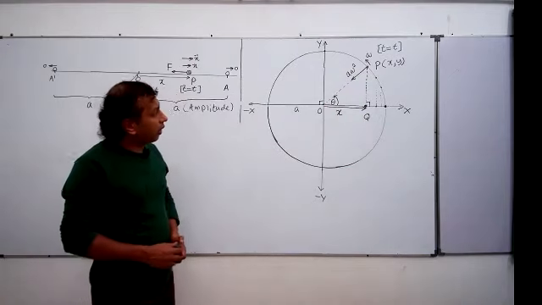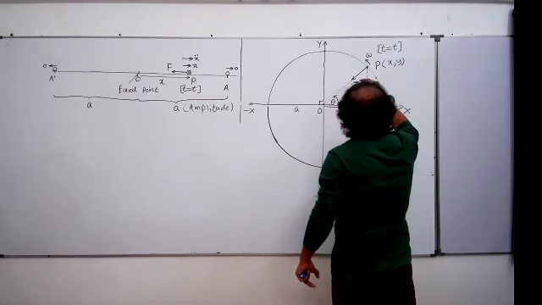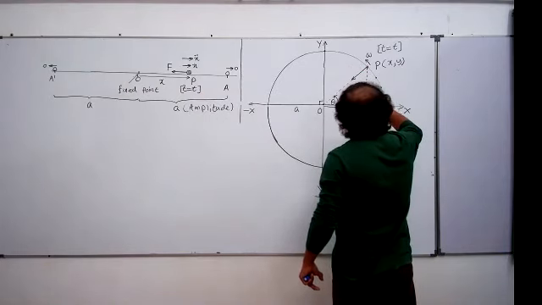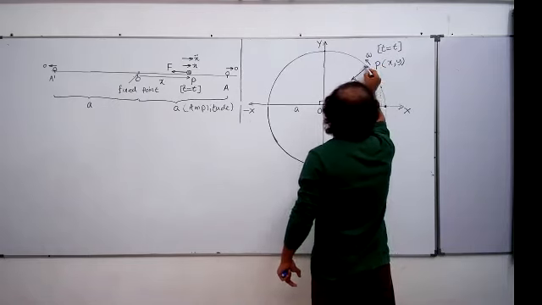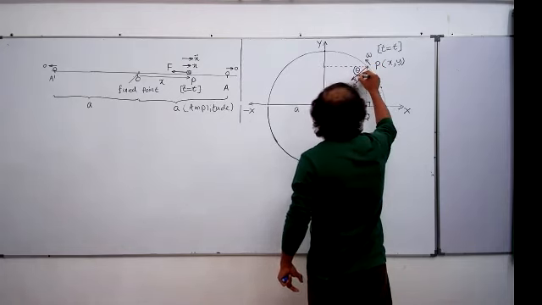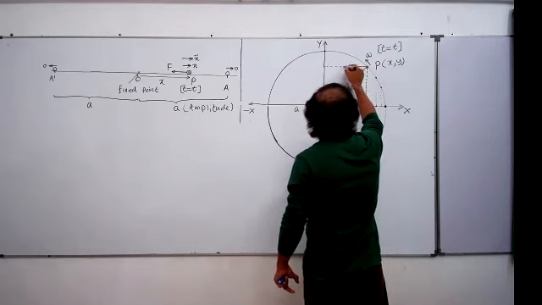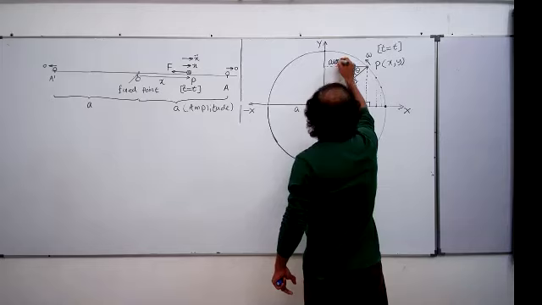You know, people, at time t, the horizontal acceleration means the acceleration component of this point P parallel to the x-axis this way. If this is theta, this is also theta. Then this way the acceleration component is a omega squared cos theta.